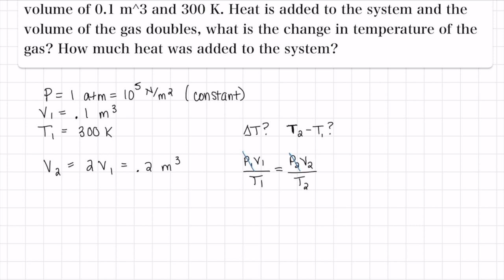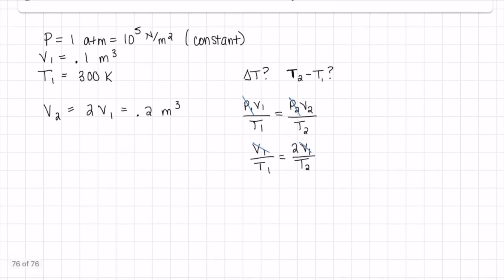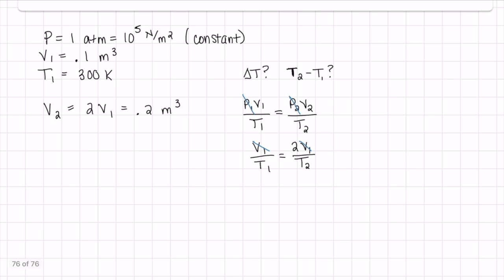And to simplify our math a little bit, I'm going to rewrite that V2 as 2 times V1. That way we can also cancel those volumes. And then we're just going to cross multiply, and we end up with T2 equal to 2 times T1.